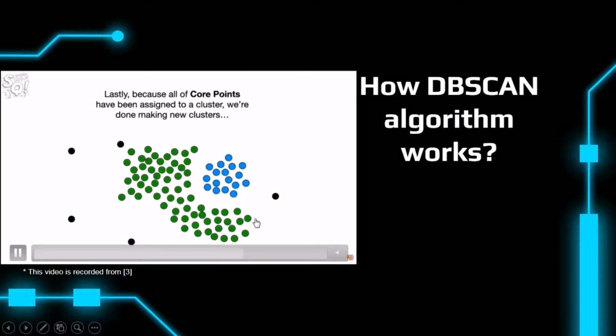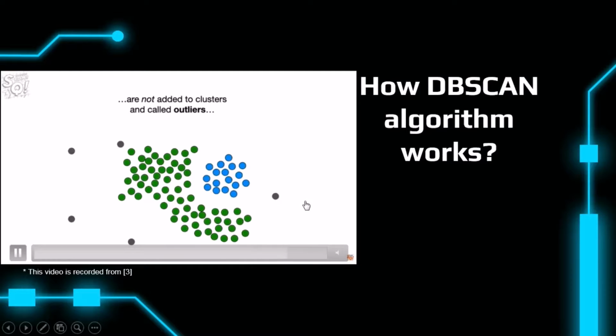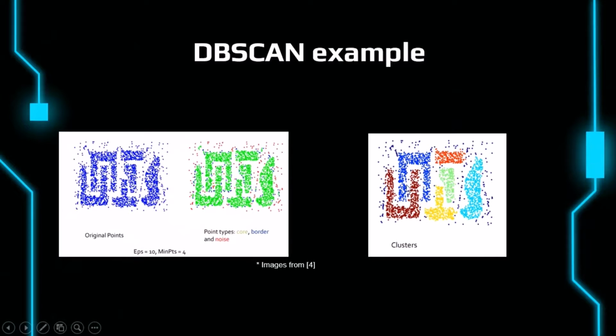And these black ones, which are non-core and not border points, are called outliers or noise points, which are located far from these clusters. Now let's see an example here. As you see, these are the raw original points. These are core points, borders, and noise points, and this is the output of the clustering of DBSCAN.